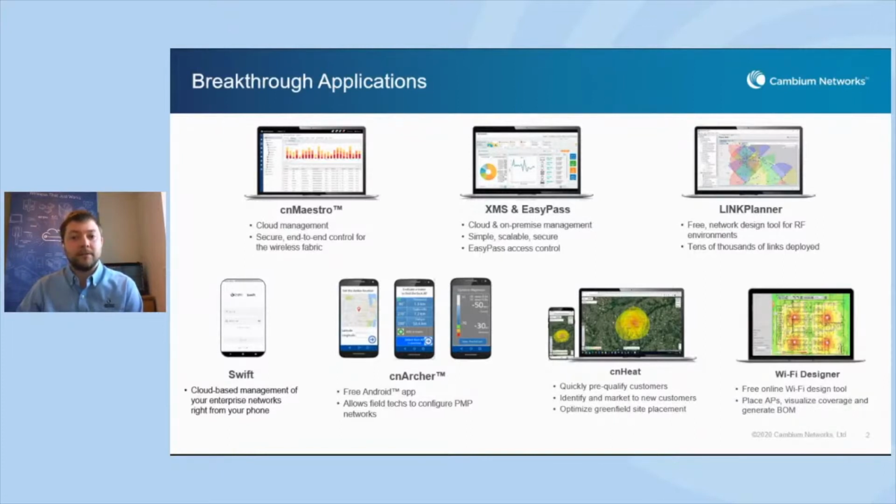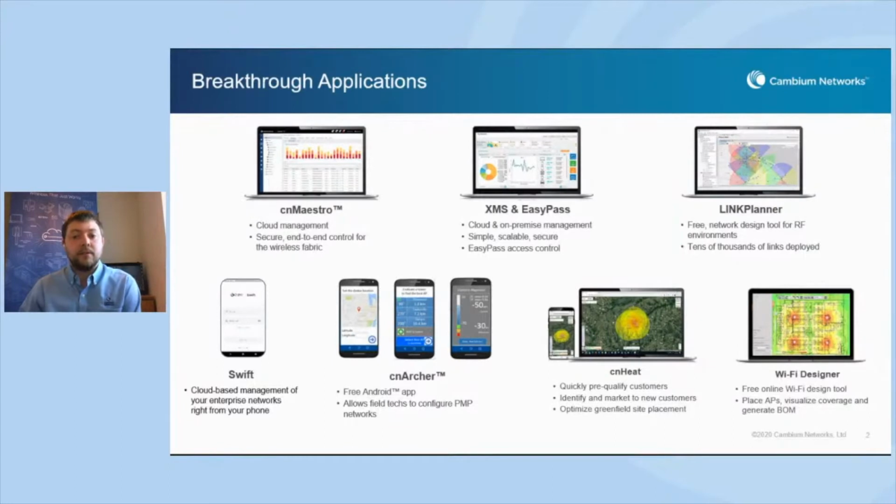the installation. CN Heat, another great tool built upon Cambium Networks' expertise in fixed wireless radio planning, using propagation and modeling as seen in Link Planner and integrated with GIS data down to 1 meter precision. CN Heat generates highly accurate RF predictions and derivative services that accurately represent the reality of the RF world.